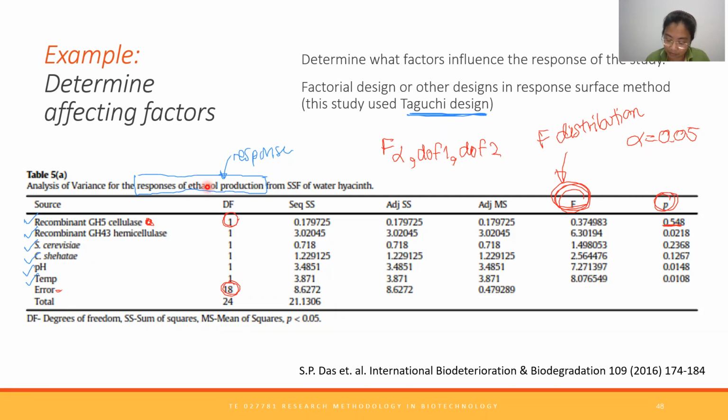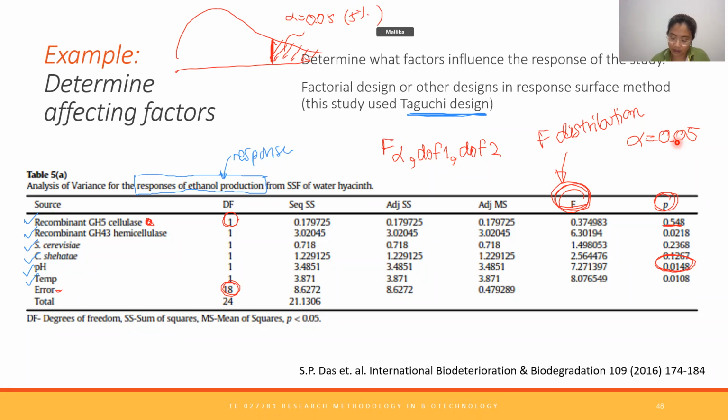Whereas for pH, you see the P value is smaller at 0.0148, which is smaller than 0.05. So the area of the tail is within the rejection area. Okay, I'll just put it in here. This is the F distribution curve, and the area here is alpha 0.05, so that means it is 5%.